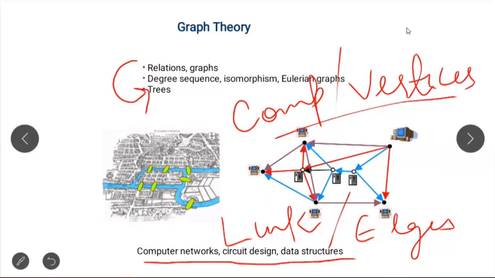The last chapter of both discrete mathematics and data structures is very similar, and the syllabus is in such a way that most of the topics of discrete mathematics are similar to data structures and also digital electronics.